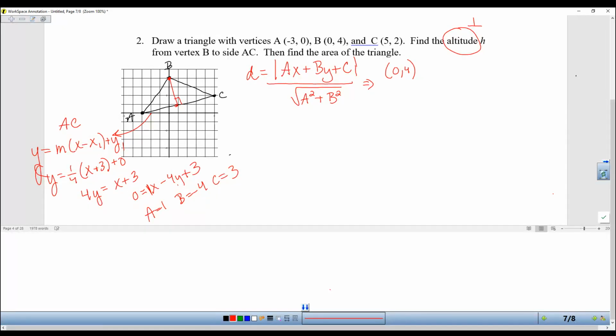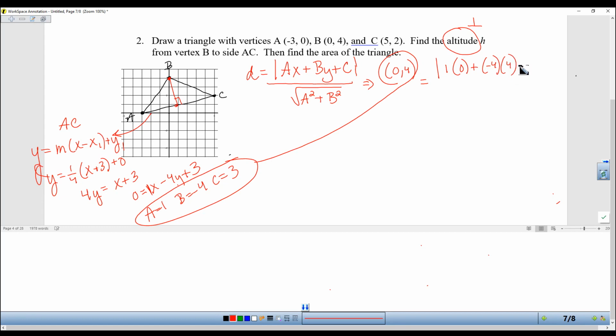So it was still a lot of work. I had to find the equation of the line and put it in the right format. But now I can use this and this to do this problem. So absolute value of A times x plus B times y plus C all over the square root of A squared plus B squared.